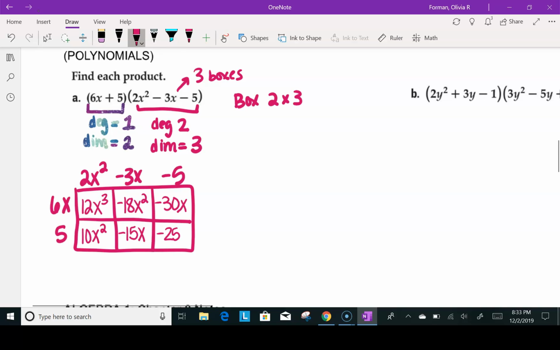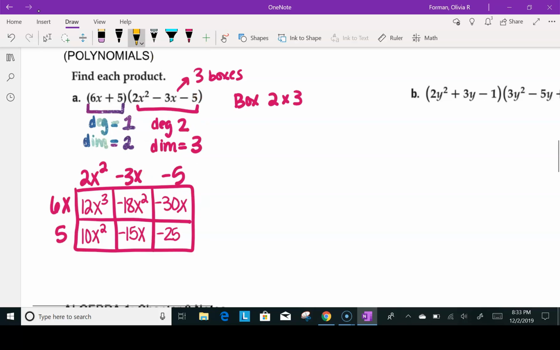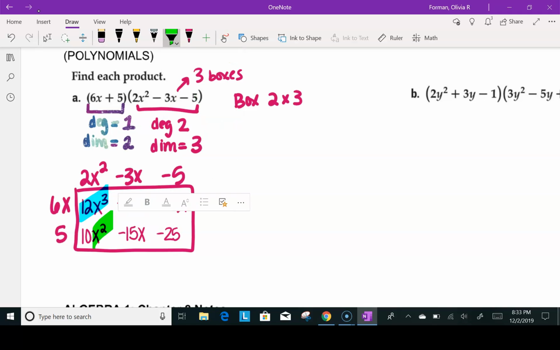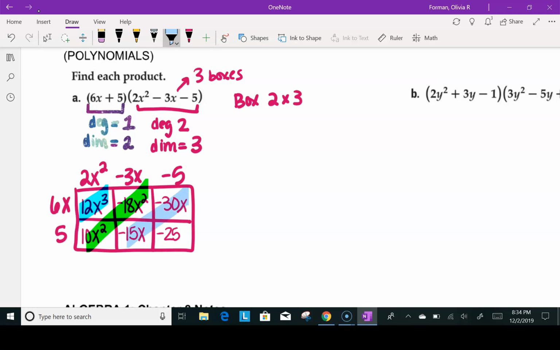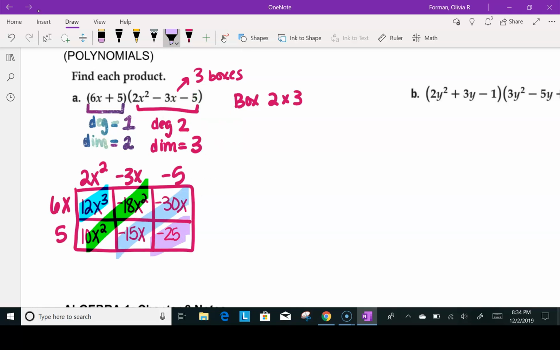Again, what we're hoping happens when you do this, and kind of what the purpose is, is that you end up with all of these diagonals that end up combining. So look at that.